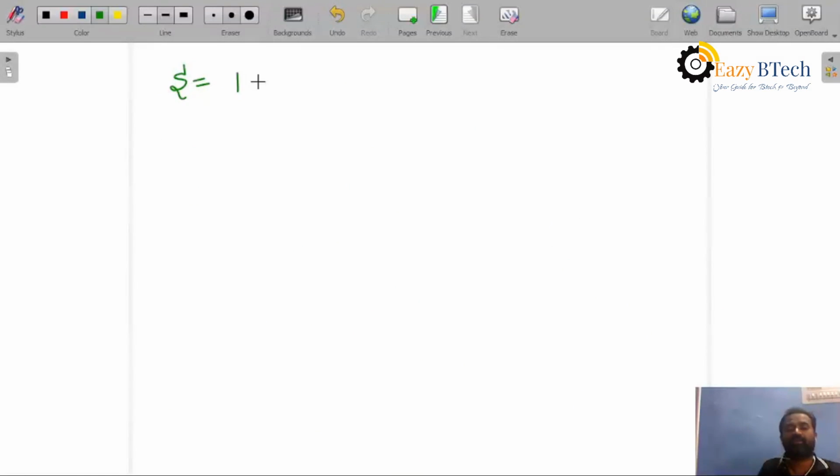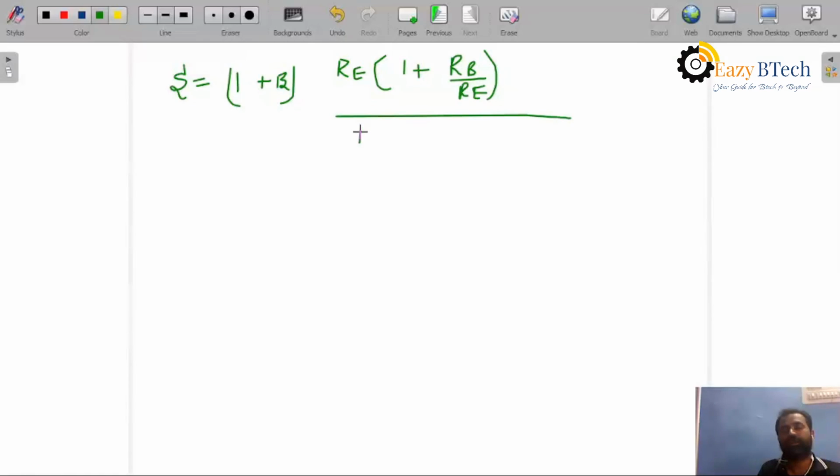Stability factor is equal to 1 plus beta times 1 plus RB by RE, over RE by RE plus RB by RE plus beta into RE by RE. Now RE gets cancelled.